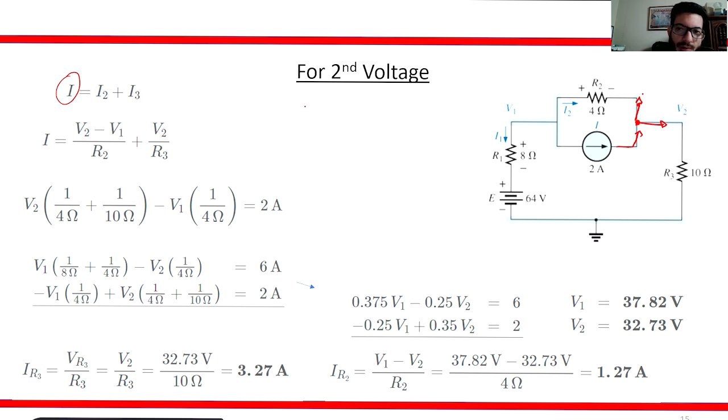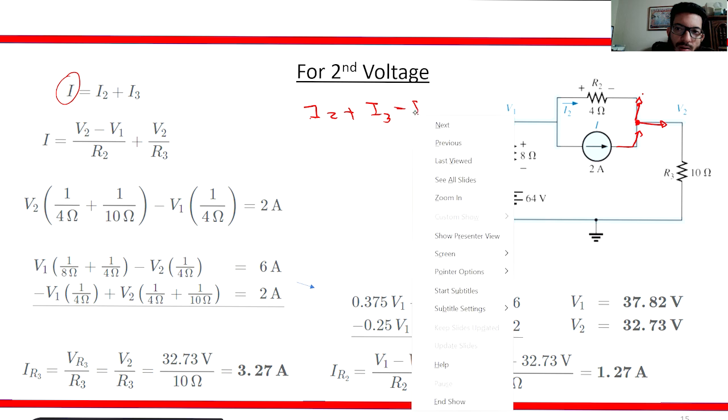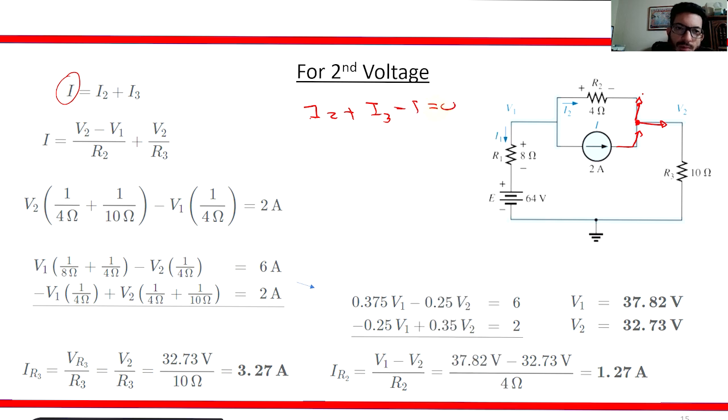Because in other words, we would have I2 plus I3 minus I equal 0. Right? So this is the same as that. And just following up with the equation below, this I we know, which is 2.